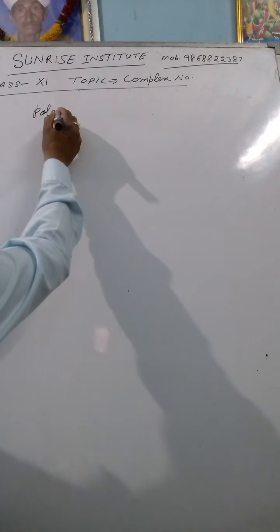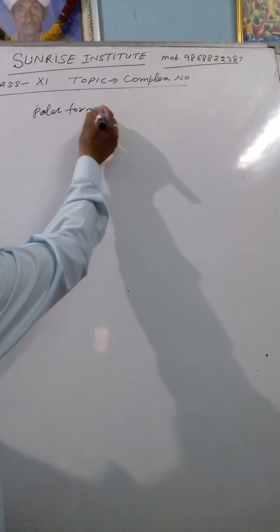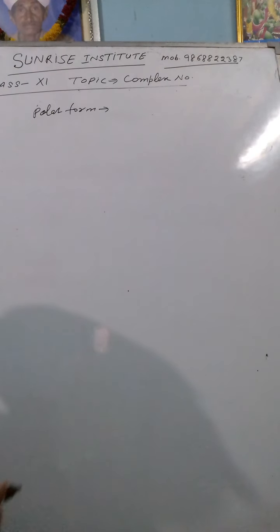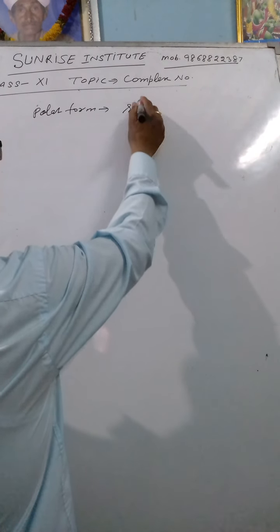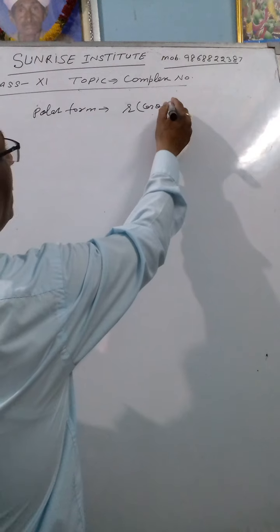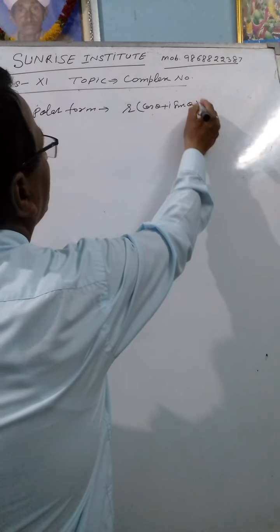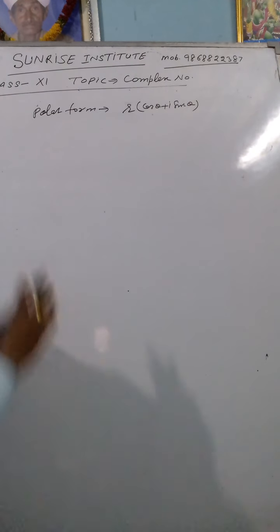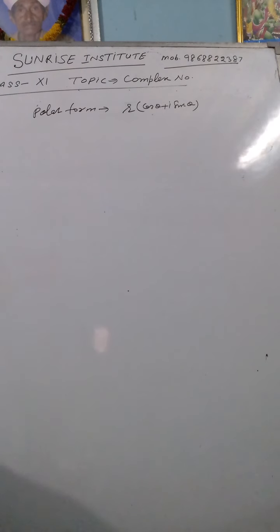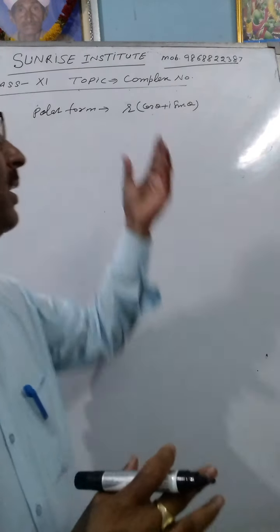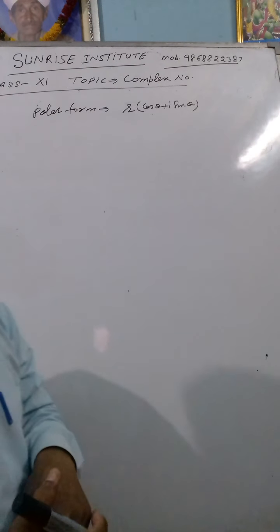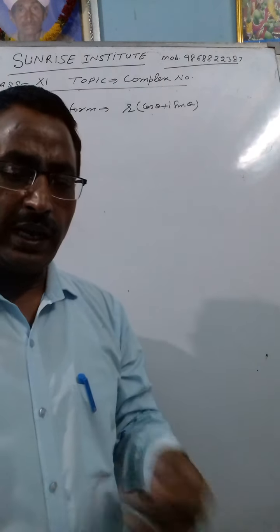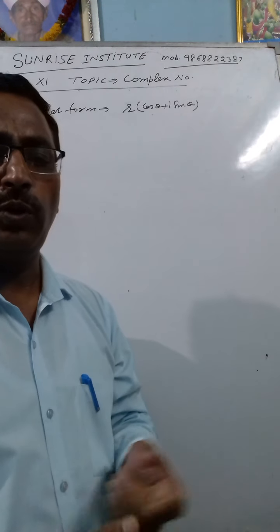First, we write the polar form: r cos theta plus i sin theta. That is the polar form, where r equal to modulus of z and theta is the argument of z. Then take some examples of polar form.